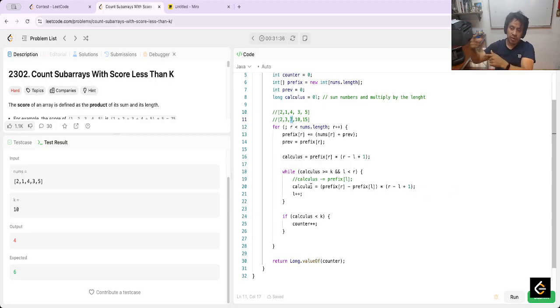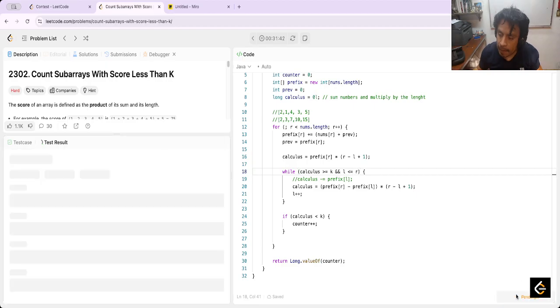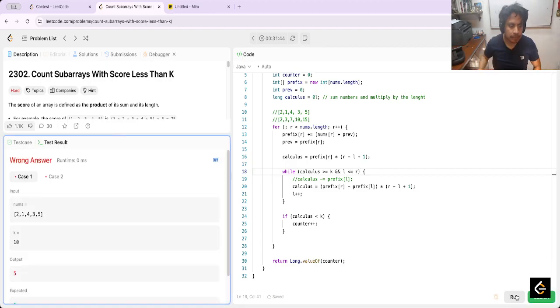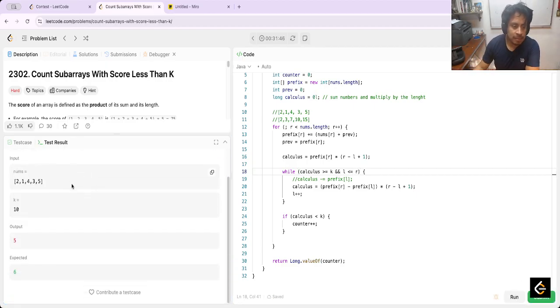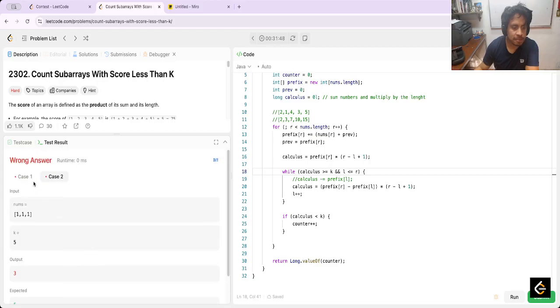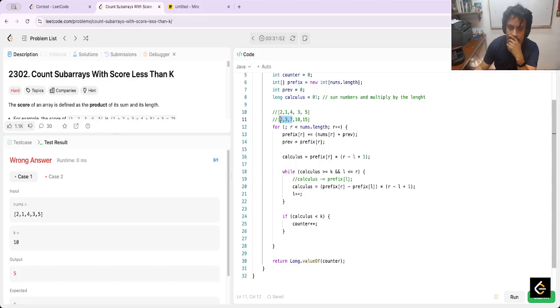Okay, move to the next. Again we have this, and the result is greater than 10. I need to remove the first. 7 less 2 is equal to 5. 5 multiplied by 2 is equal to 10.